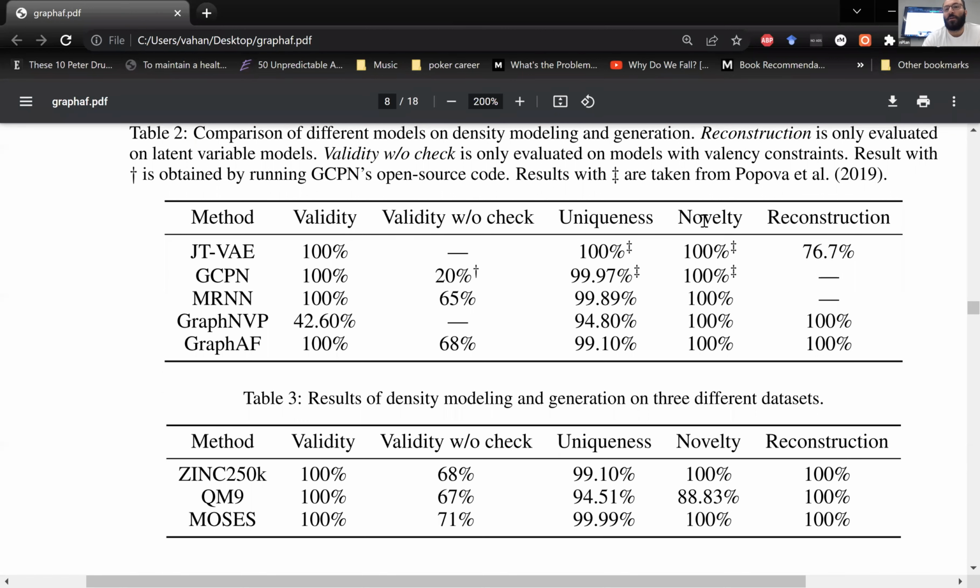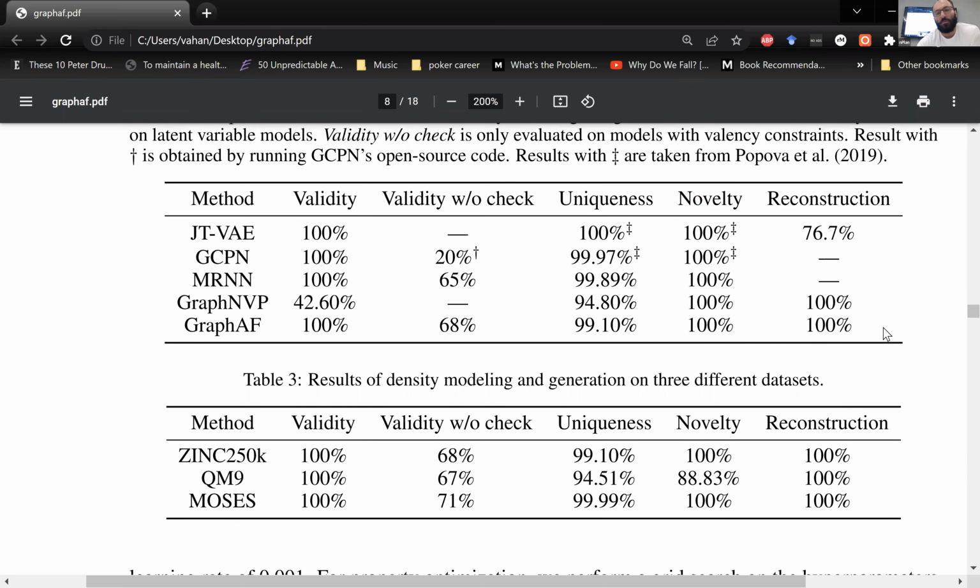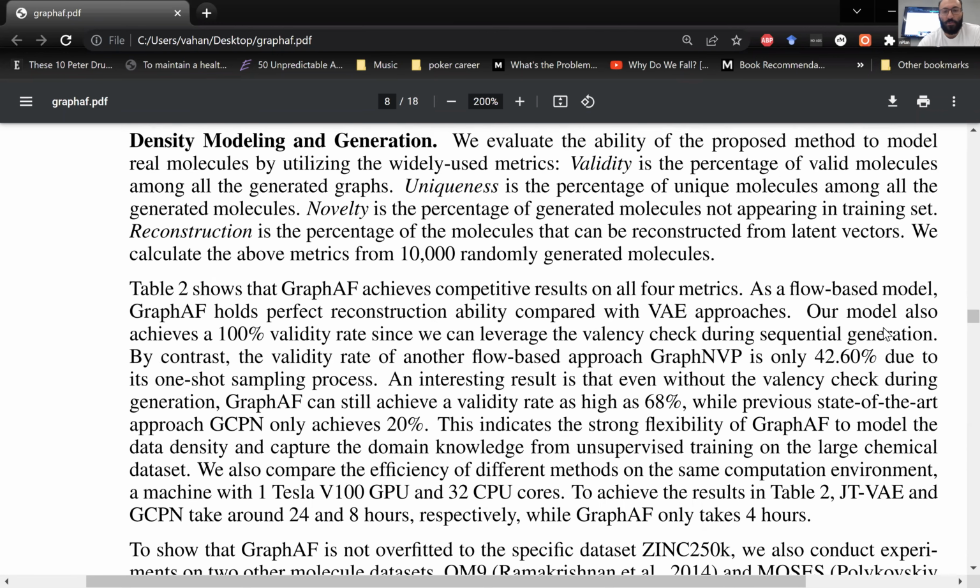So novelty is that we don't copy molecules from training data, which also is important. They all are novel, which is good. And the reconstruction is, so they also did experiments of giving an existing, wait, no, this is not that. Let me check what's reconstruction.